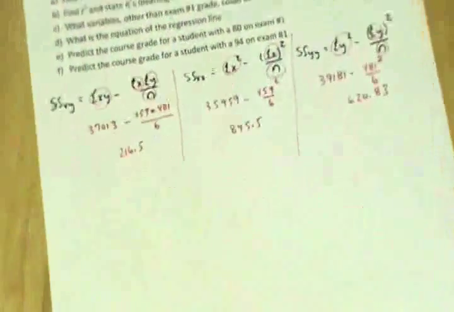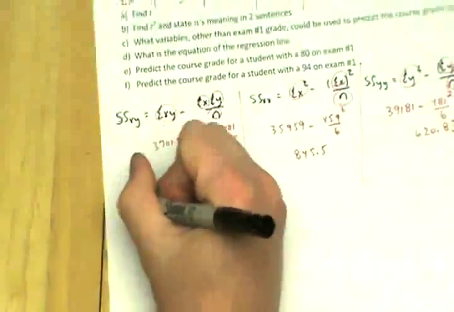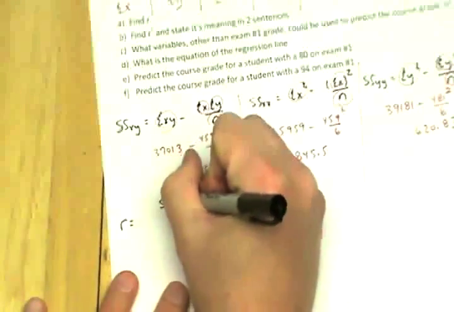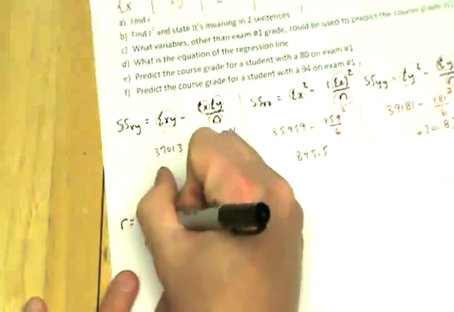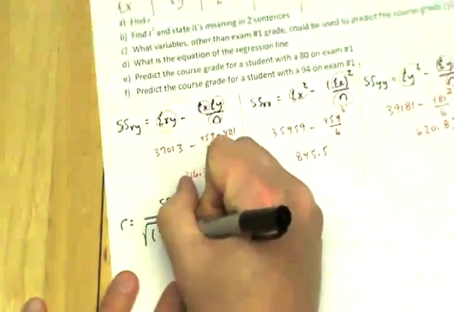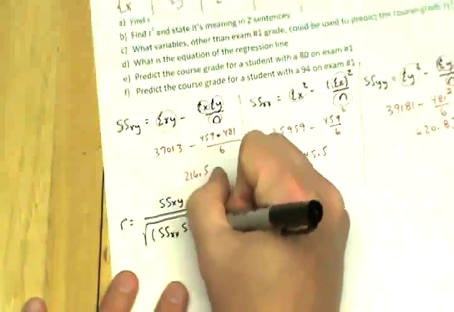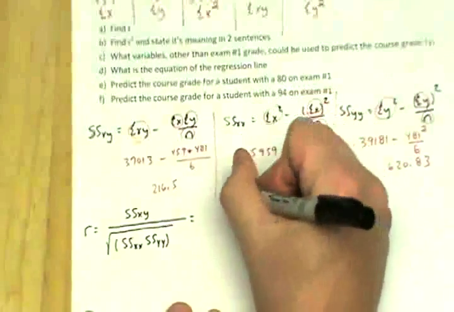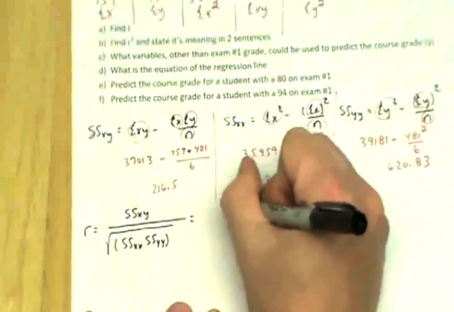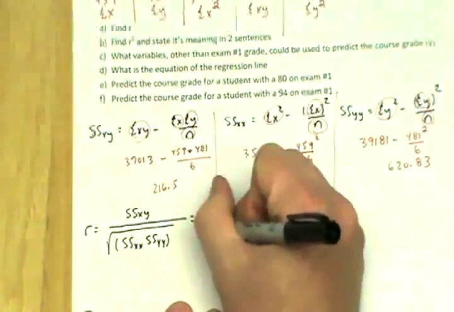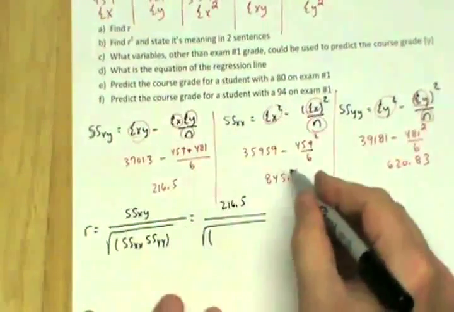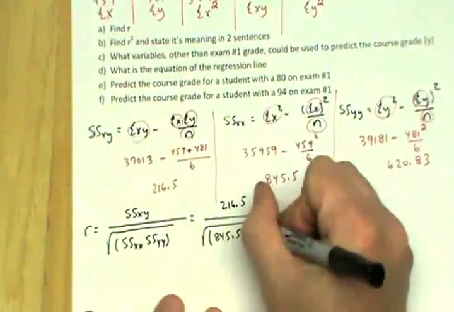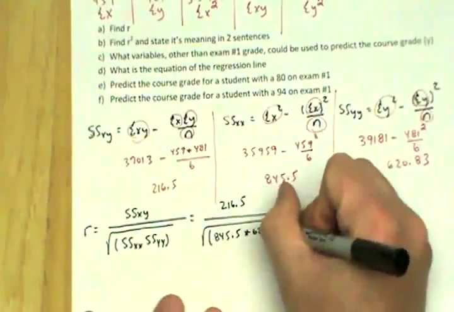Now we can fill in for r. So r, according to the formula on our formula sheet, is SSxy divided by the square root of SS sub xx times SS sub yy. SSxy we found to be 216.5. Square root of SSxx, 845.5, times 620.83.